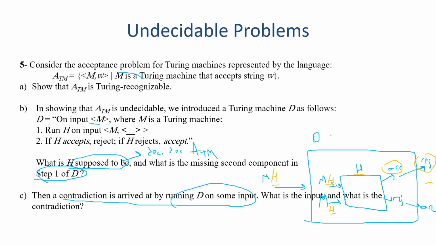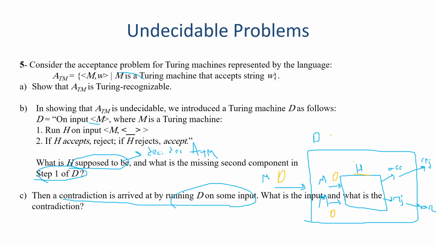Again, if you're not completely convinced, maybe if we give it D, you'll see there's a better relation. So let me now actually give D as input. Now we're asking, what does D do when it takes itself as input? In the small picture, we're asking H, what does D do when it takes itself as input? Does it accept or does it reject? Remember, H will tell you yes if D accepts D, or no otherwise.